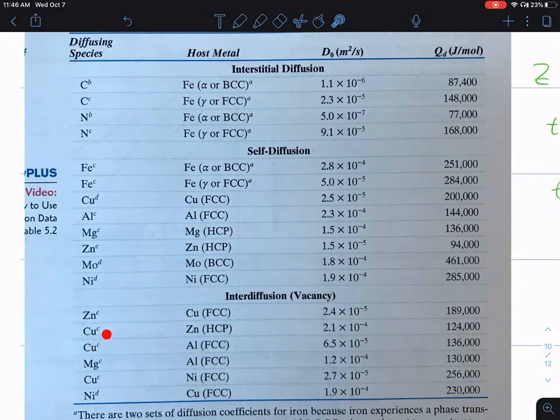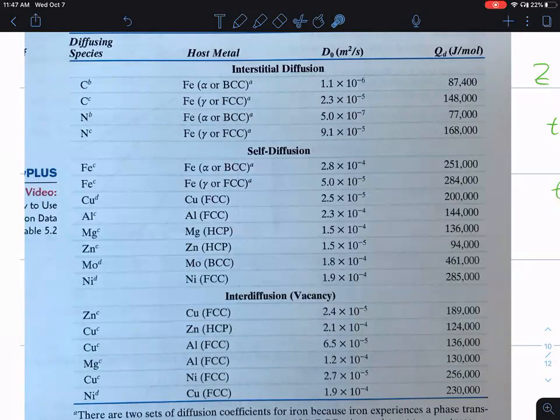One interesting thing I want you to look at is the first two lines here. The first one is zinc into copper, and the second line is copper into zinc. Did you find something interesting? I want you to compare the values here. One is 2.4 times 10 to the negative fifth. Another one is 2.1. Same metals, zinc and copper, but the direction is different. When the direction of diffusion is different, the diffusion coefficient is different.